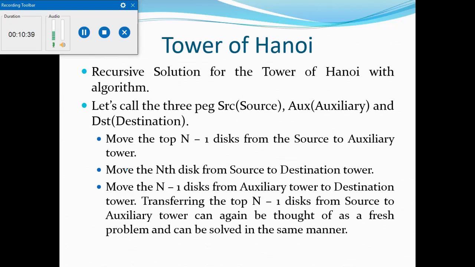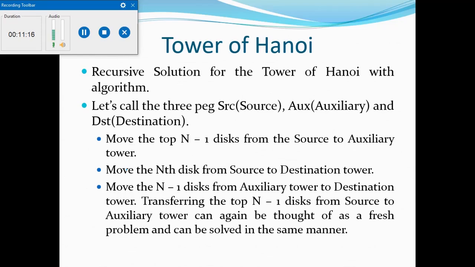So first peg source, second peg auxiliary, third peg destination.